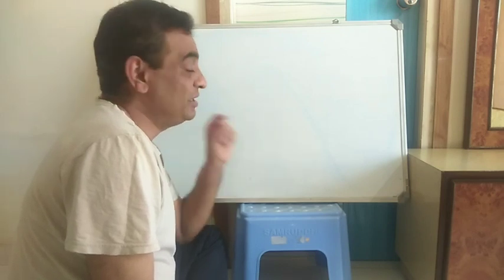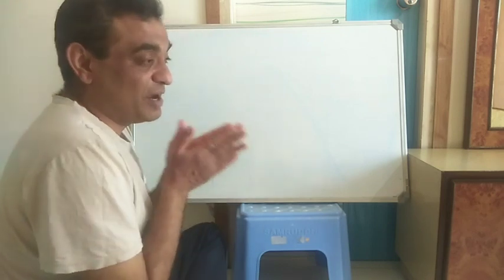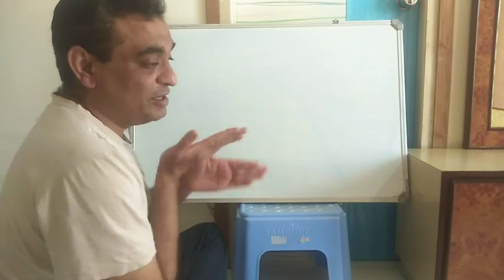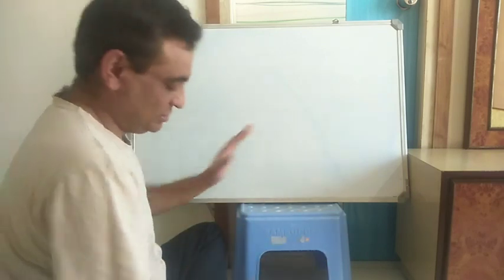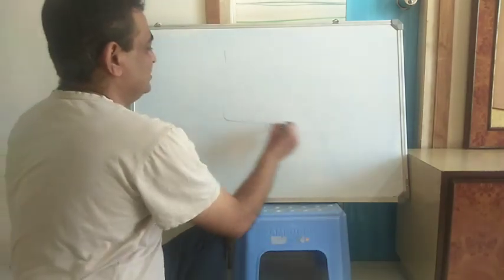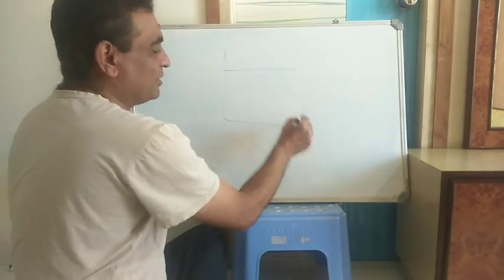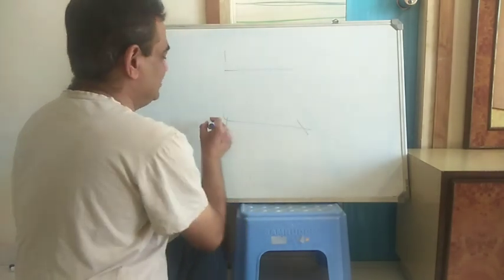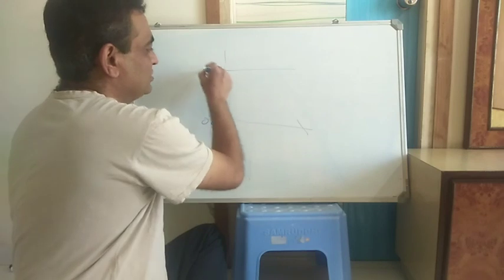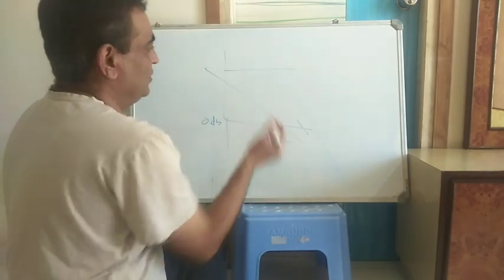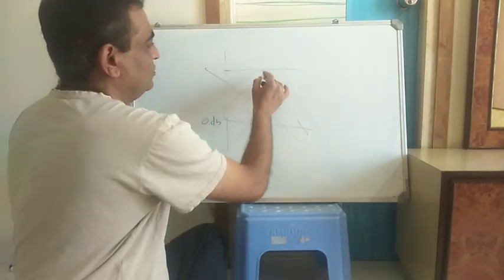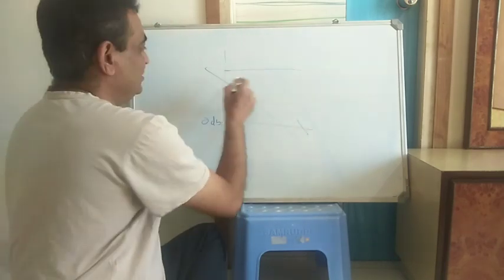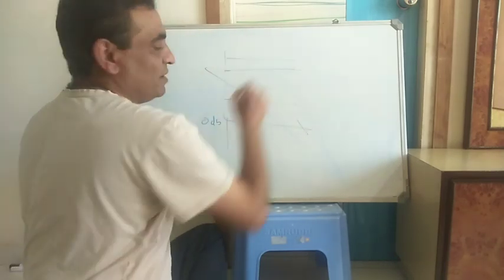It means the initial slope line of the magnitude plot is parallel to the 0 dB line. It will never cross this 0 dB line because there is no slope. So this is also a parallel line, and this is also a parallel line.